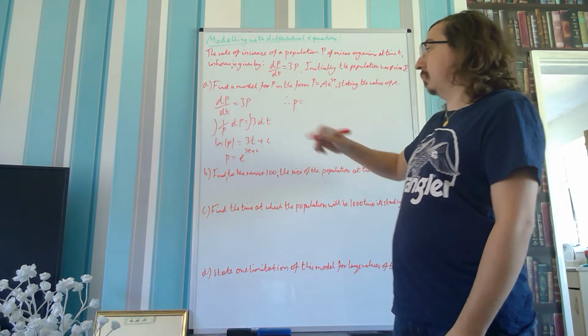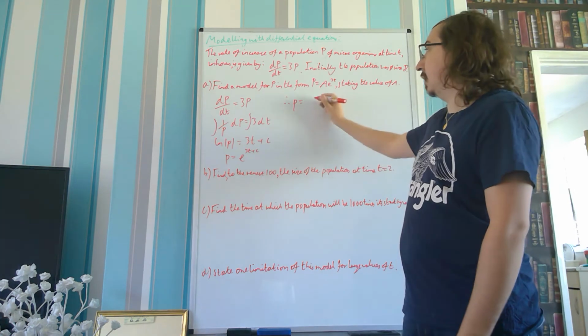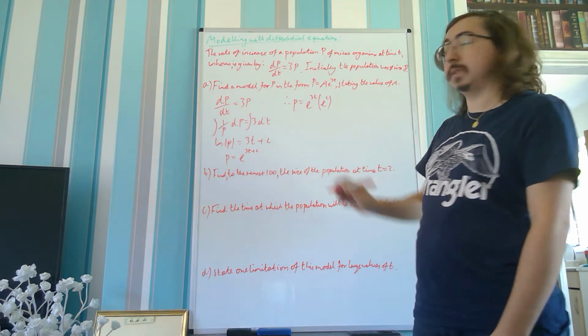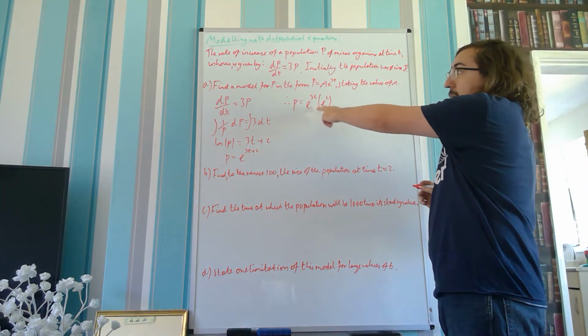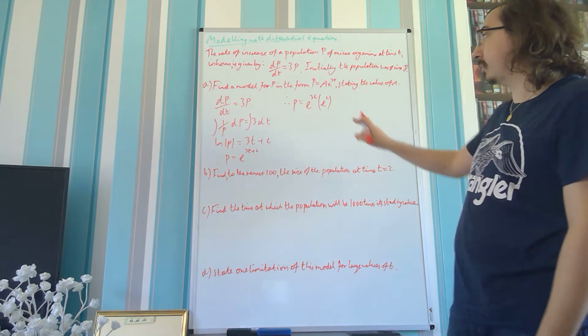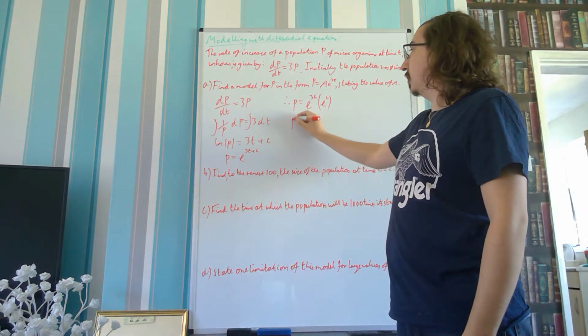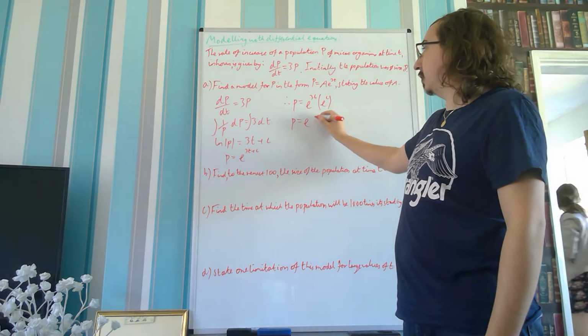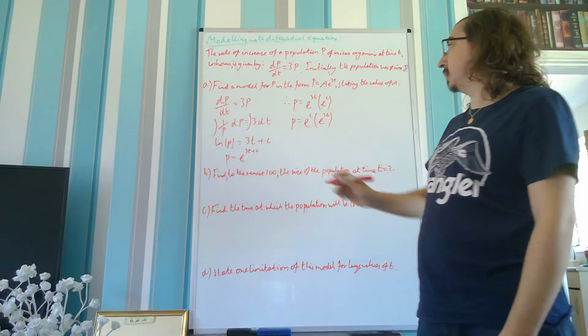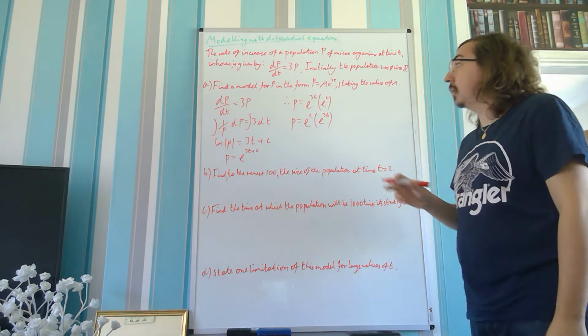So we can reverse that rule and say that here we have e^(3t) times e^c. So P = e^c, where c is just a constant, times e^(3t).